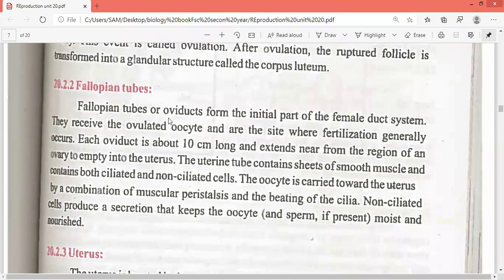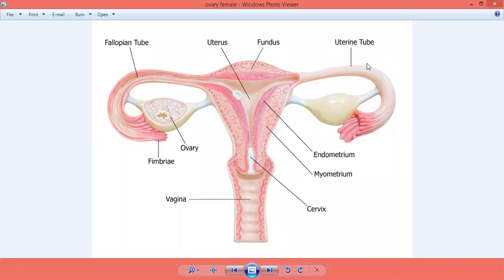Fallopian tubes और oviducts बहुत दफा पूछा जाता है, fallopian tube का दूसरा नाम, second name. So you have to keep in mind, okay? Fallopian tubes form the initial part of the female duct system. They receive the ovulated oocyte. Now, what is fallopian tube, right? This is fallopian tube, okay? It will receive the ovulated oocyte.